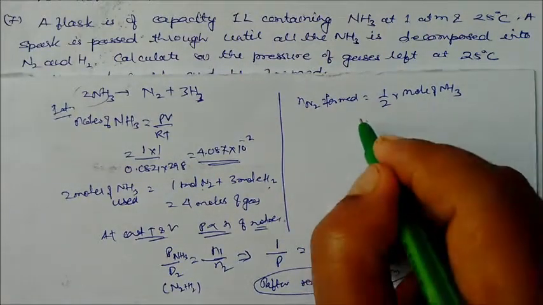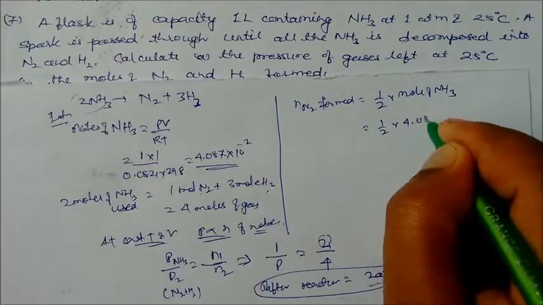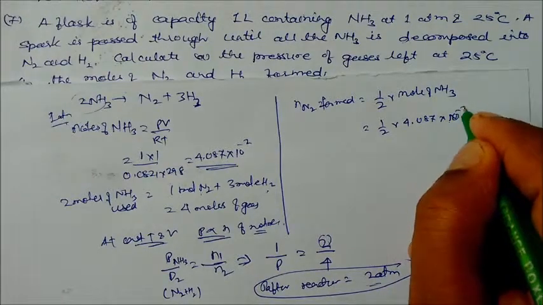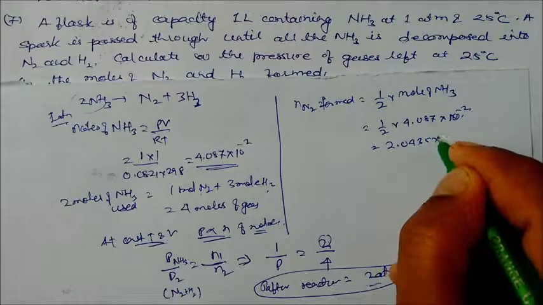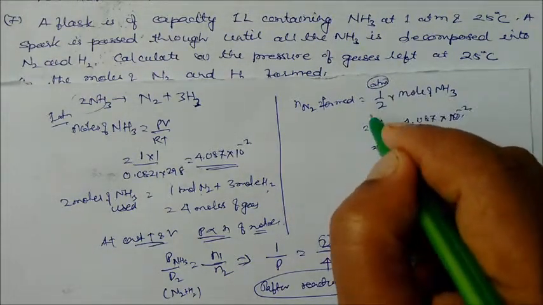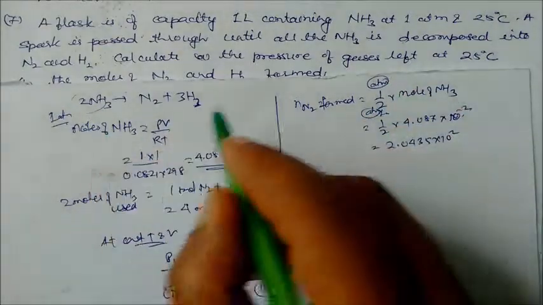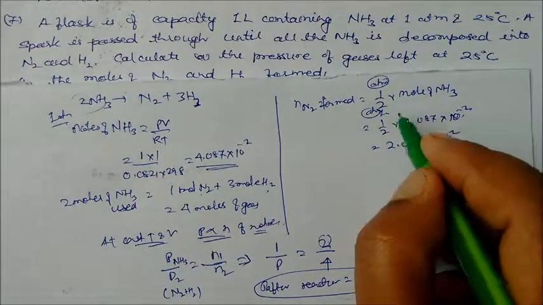So we get 1 by 2 into 4.087 into 10 to the power minus 2, which gives 2.0435 into 10 to the power minus 2. This is the initial atmosphere and this is the final atmosphere.